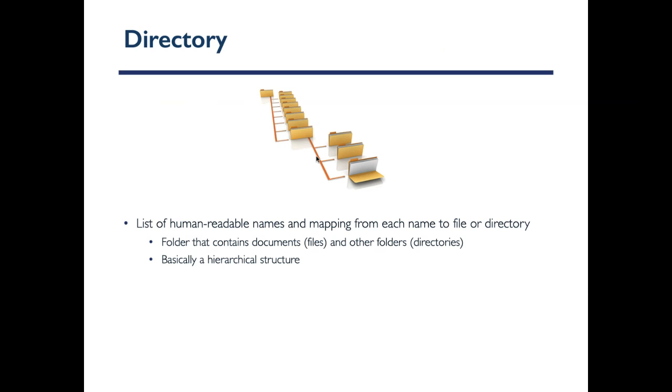Now, those documents could be, again, folders or individual files. So with that recursive definition, you basically get a hierarchy, a tree representation of your files in your system. Again, I want to say it's not always a tree, right? I'll probably talk a little bit more about that.